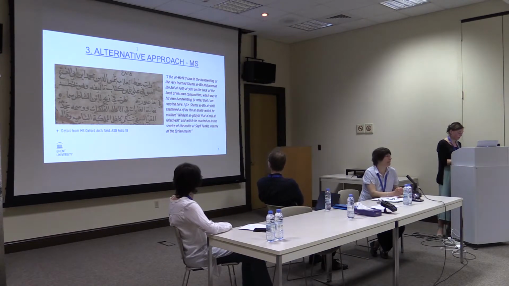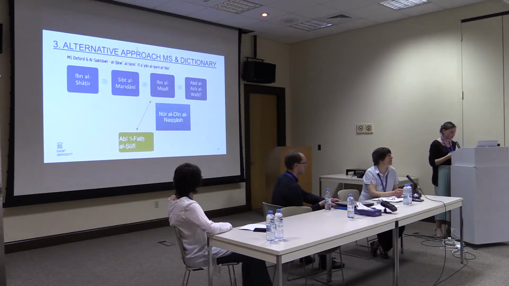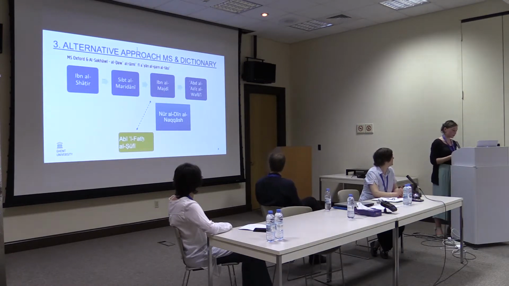So on the basis of this, I tried to reconstruct the network of timekeepers around this text in this diagram. So al-Wafa'i, who uses this text, was himself not a student of Ibn al-Shatir, but he was a student of Ibn al-Majdi, who was in turn a student of Sibt al-Maridani, who was in turn a student of Ibn al-Shatir.